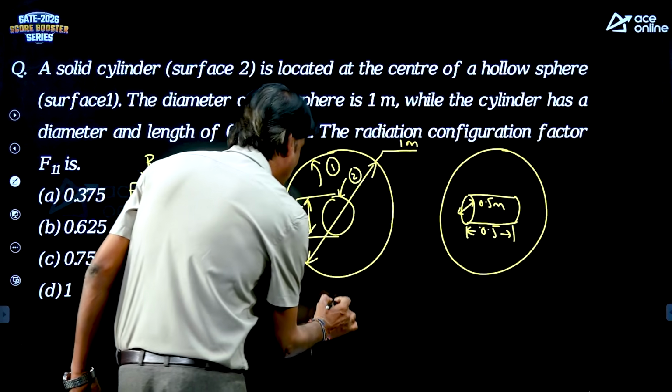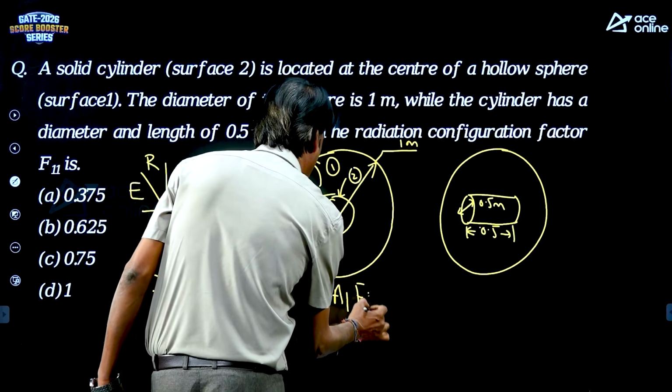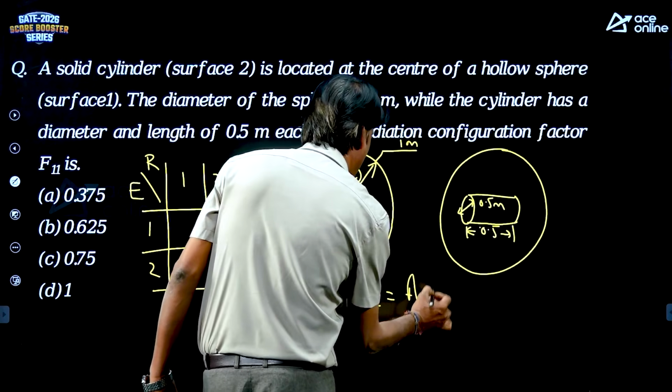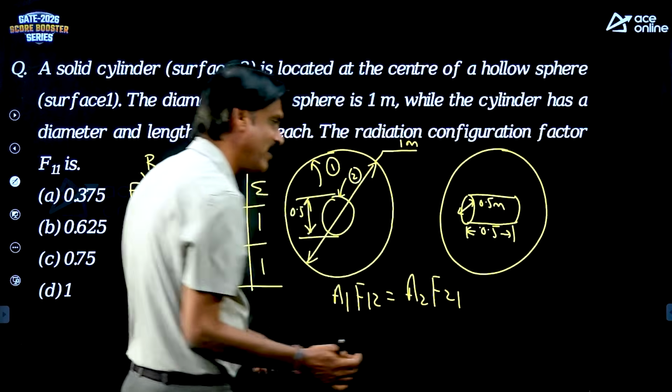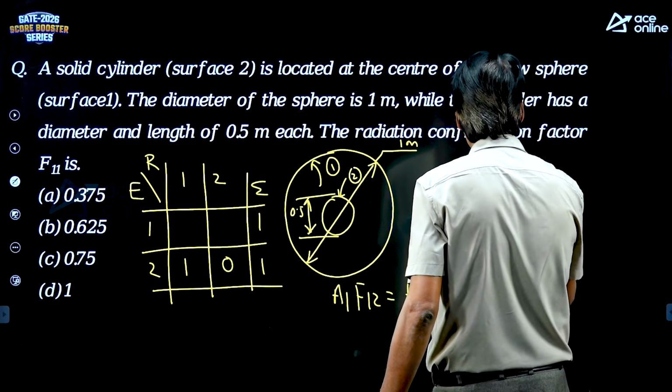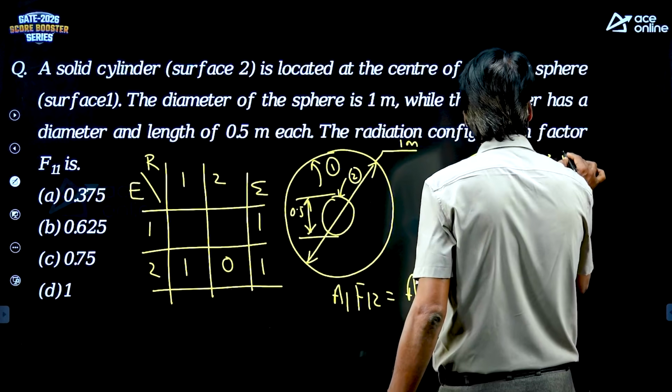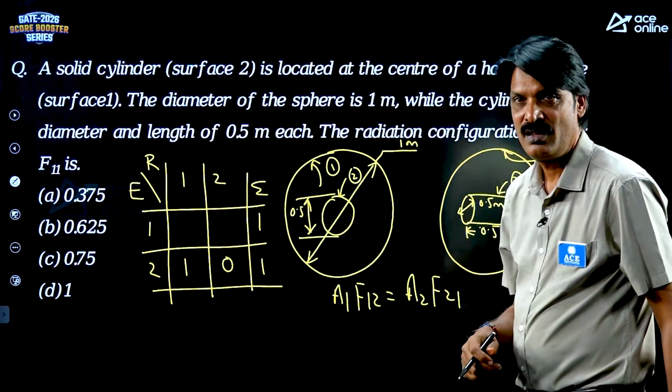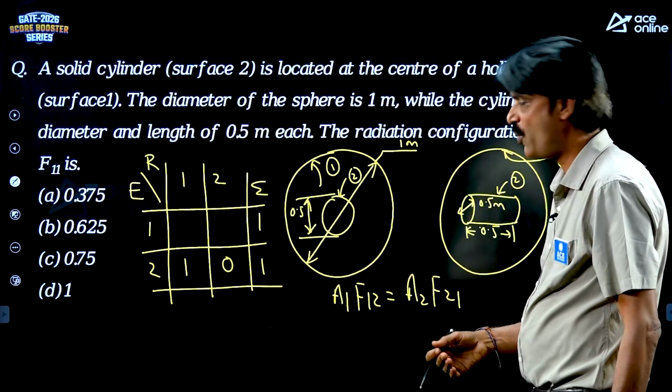I know A1 F1 on 2 is equal to A2 F2 on 1. He has just confused us. In regular class we would take inside as 1, but now he has given inside as 2 and outer as 1. So I am coming at it the other way.